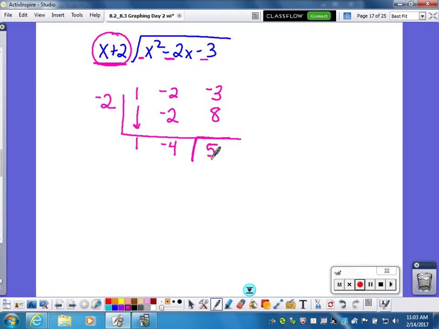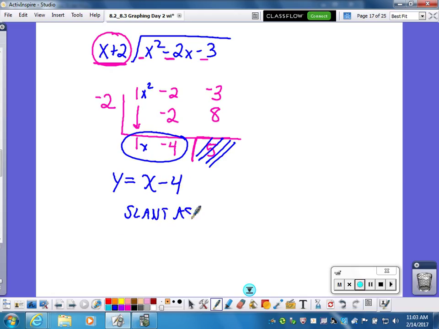So we really can just disregard this. We don't need that last number. We need these two because we took this quadratic and we are down to a linear. So the equation of this would be x minus 4. This is your slant asymptote. So now we have to go back to our graph and graph it.